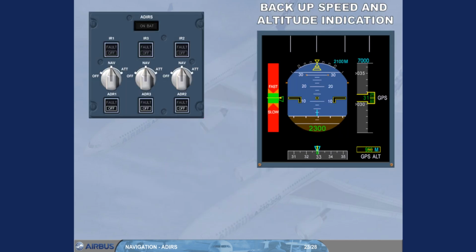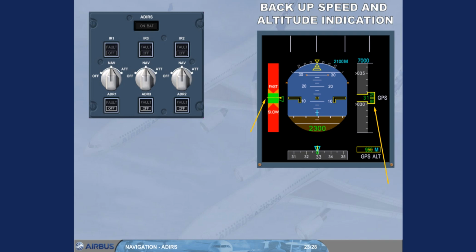In case of unreliable airspeed indications, for example after the 3 ADR failure, the backup speed and altitude indication are available on both PFDs, provided the 3 ADRs have been set to off.